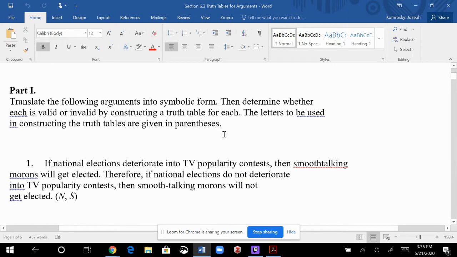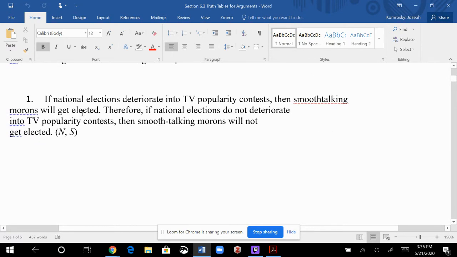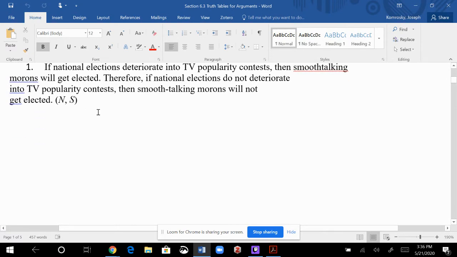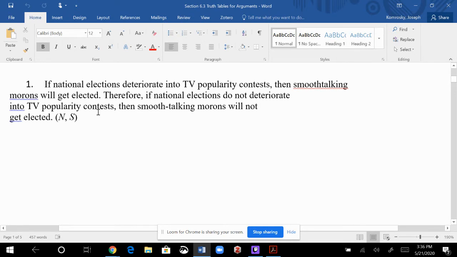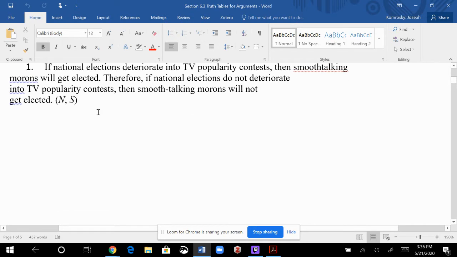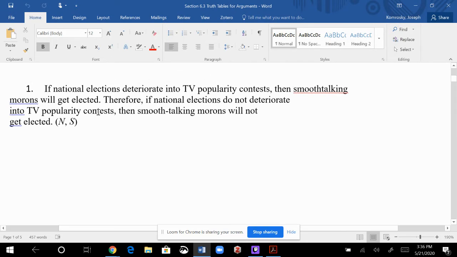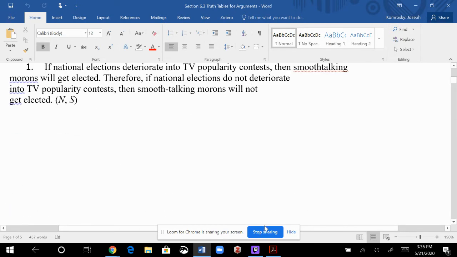So I've taken Hurley's text and I've just put it in here. Okay, so let's look at number one. If national elections deteriorate into a TV popularity contest, then smooth-talking morons will get elected.